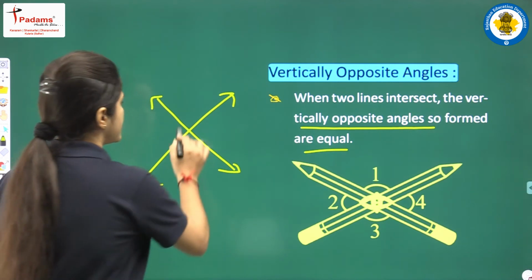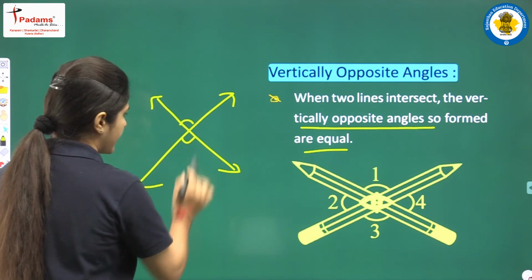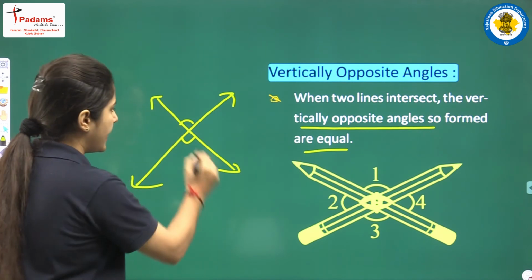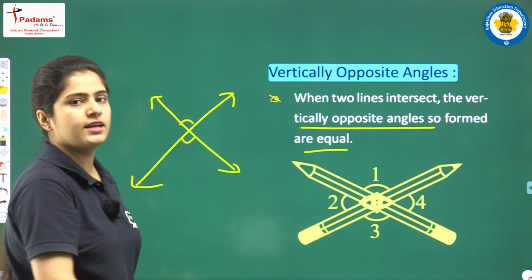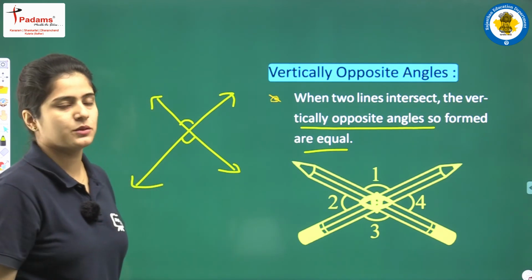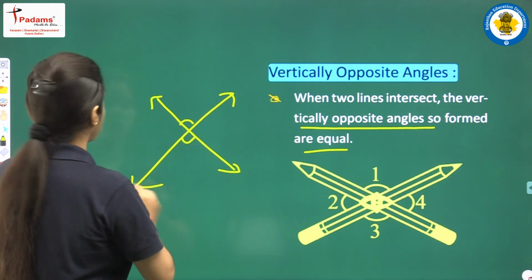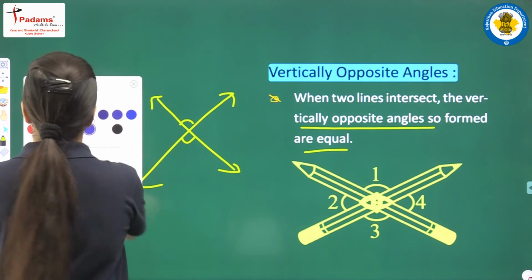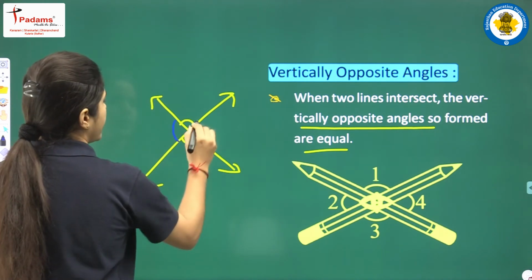Okay, students. So, if this angle and this angle is called vertically opposite angle, then these are equal. So, lines that intersect with each other, they form vertically opposite angle that are equal to each other. Okay, students. This one and this one is equal, and students, which is equal? This one and this one is equal.